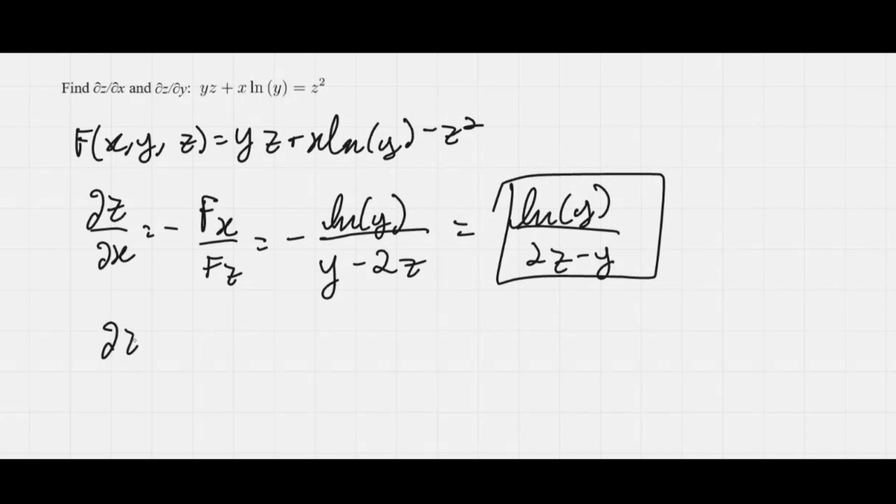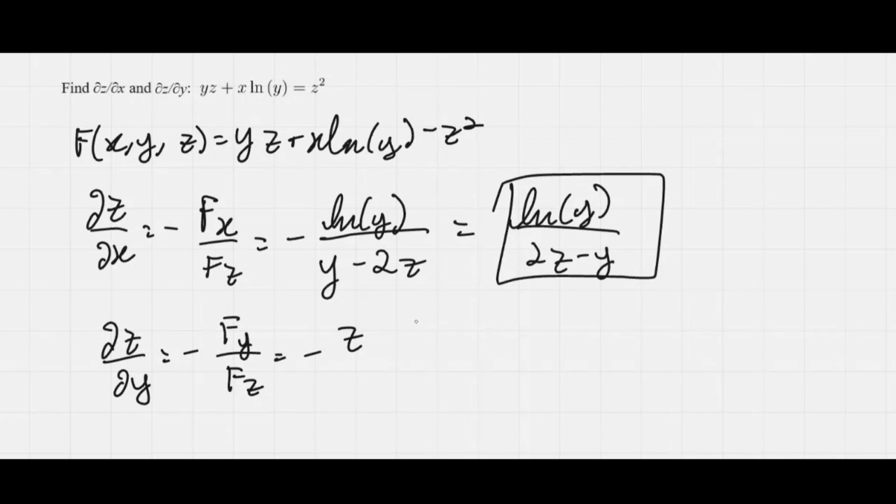Okay, now we can do that for del z del y. That's going to be negative f sub y over f sub z. And so what is the partial of f with respect to y? Well, we have basically z in that first term over here. In that second term, it's going to be a little bit more complicated.